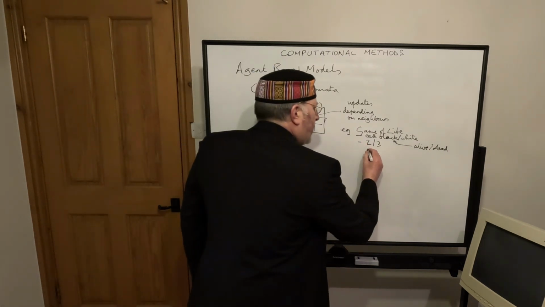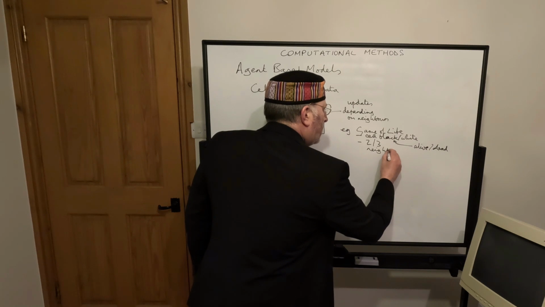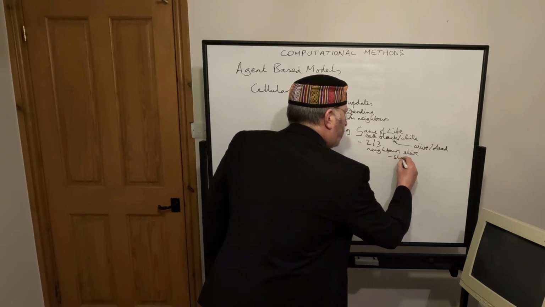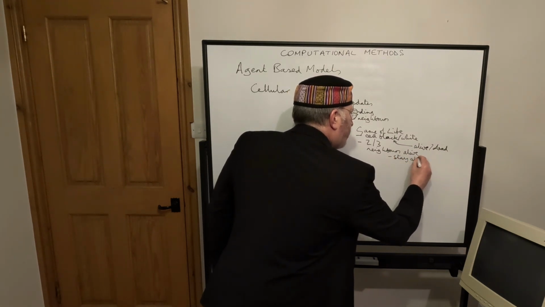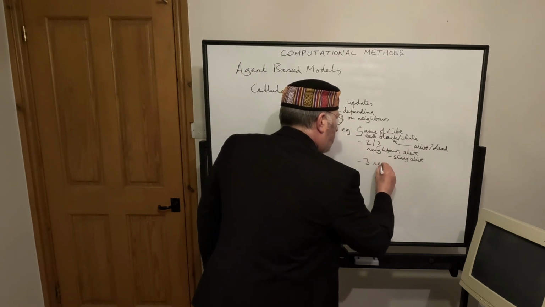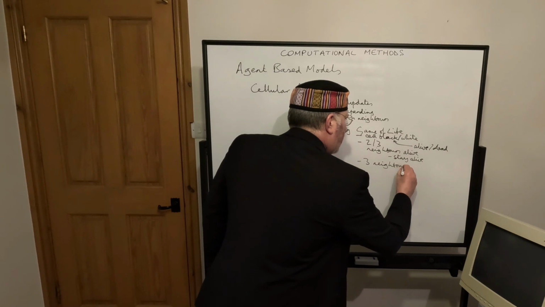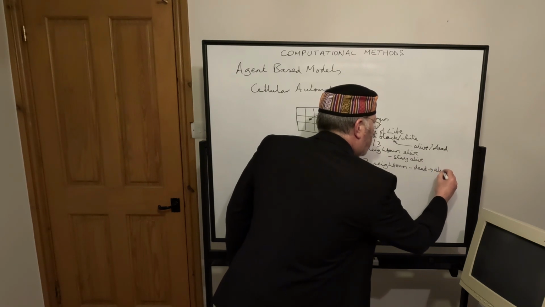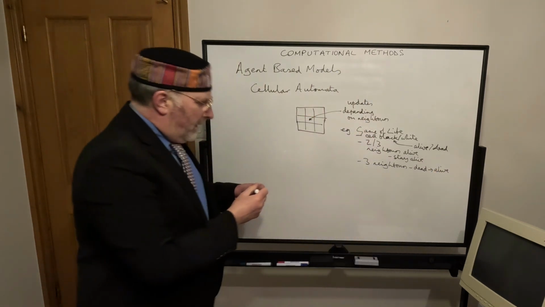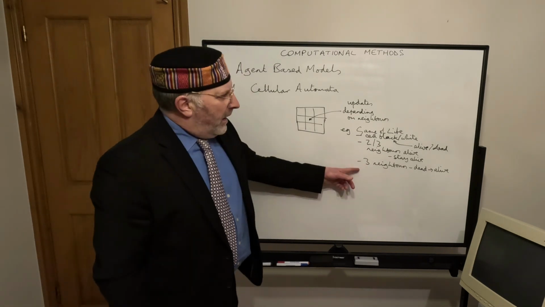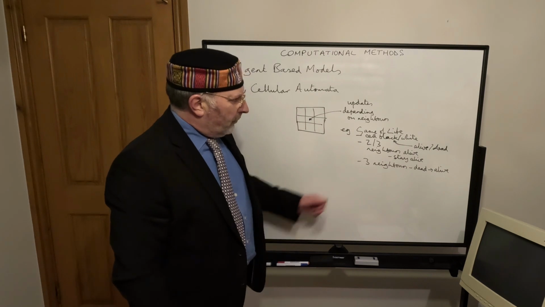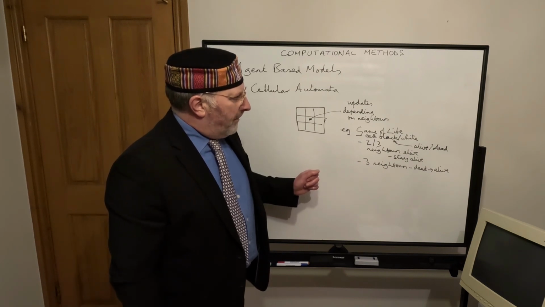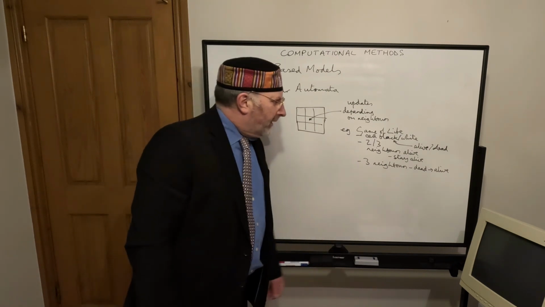And if 2 or 3 neighbours are alive, the cell can stay alive if it's alive already. And if it's got exactly 3 neighbours, then if it's dead, it becomes alive. And in any other condition, the cell dies. So it either dies because of overcrowding, too many neighbours, or because of loneliness, not enough neighbours.